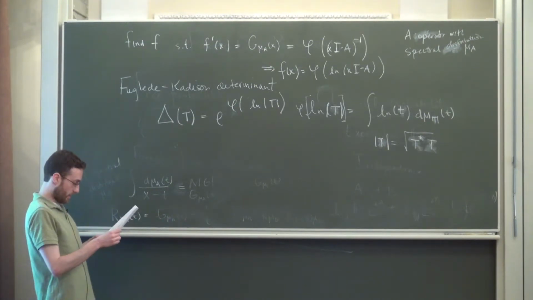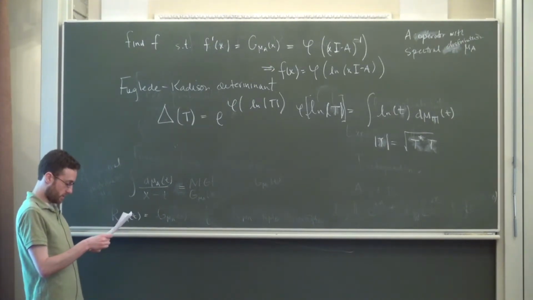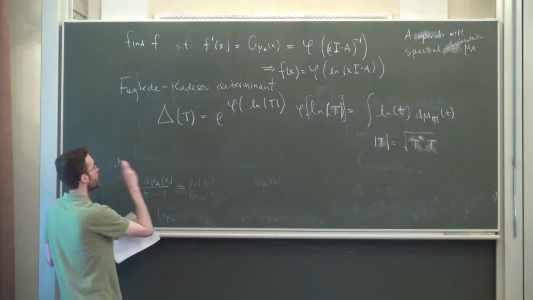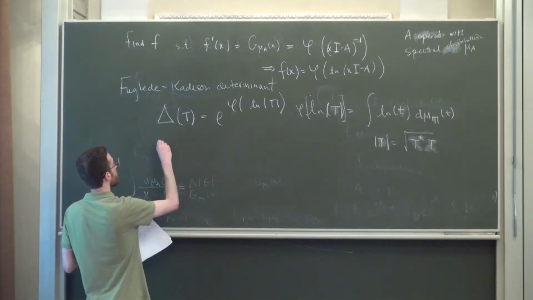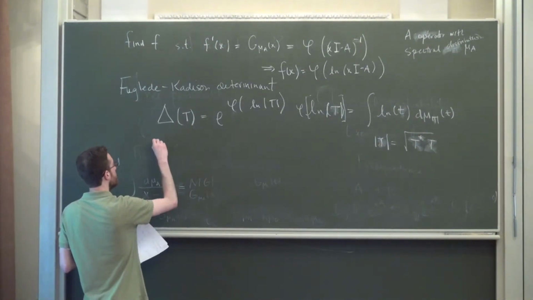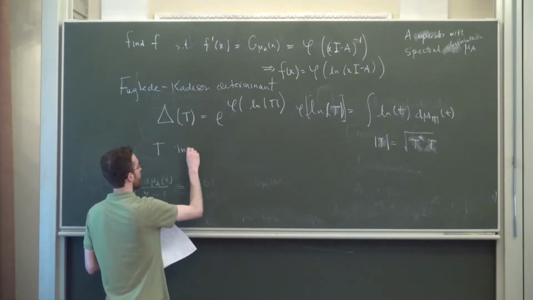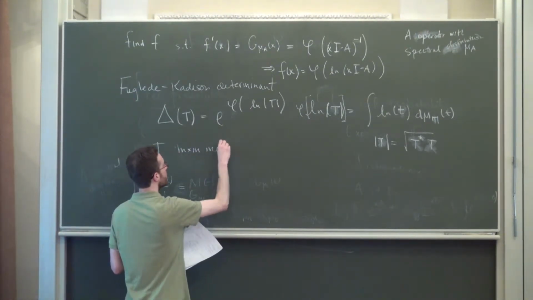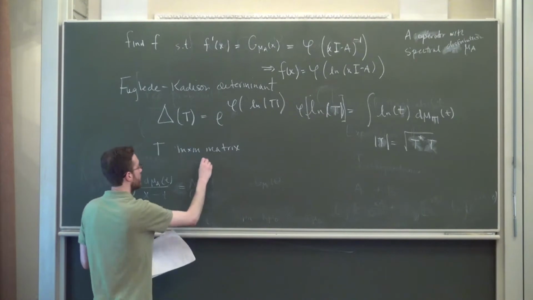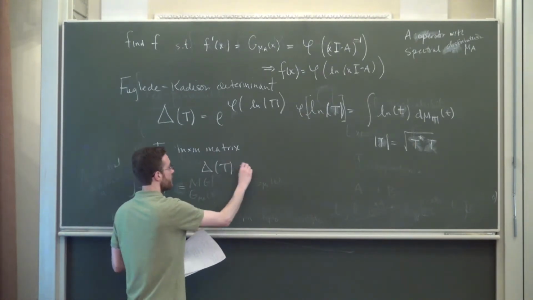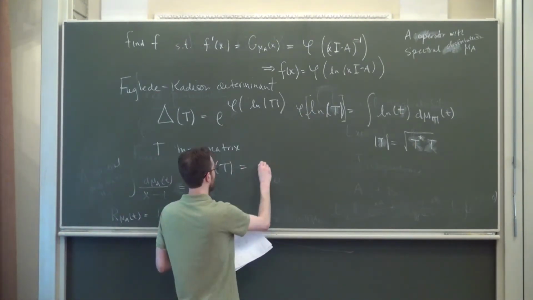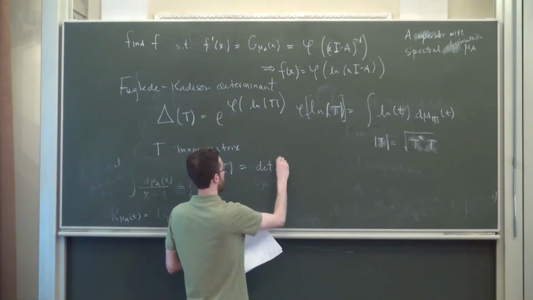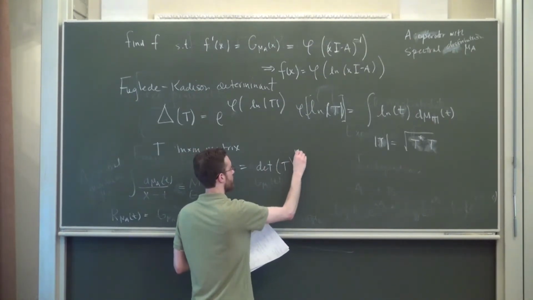Okay, so what I wanted to say is that for T an m by m matrix, delta of T is the determinant of T to the 1 over m.